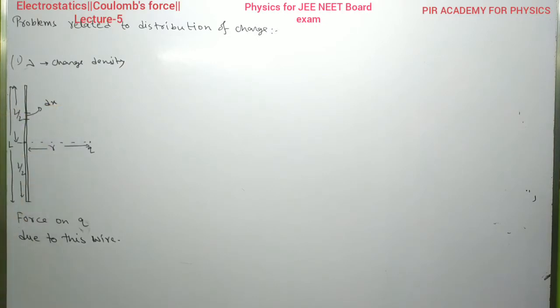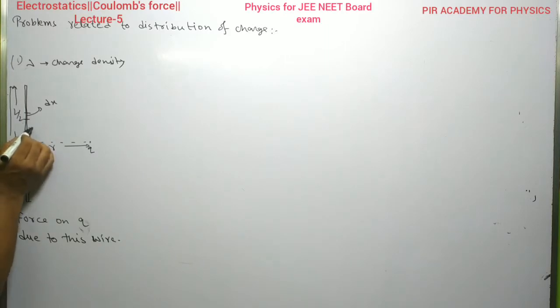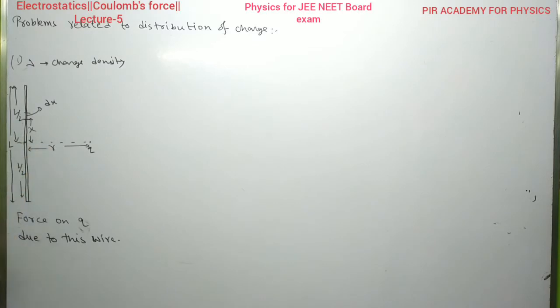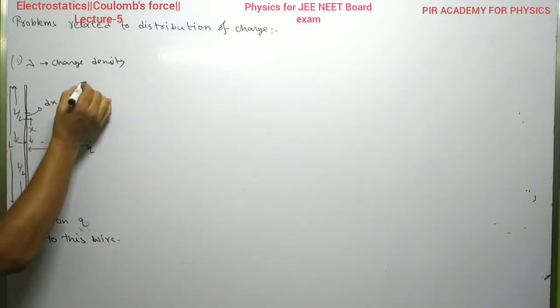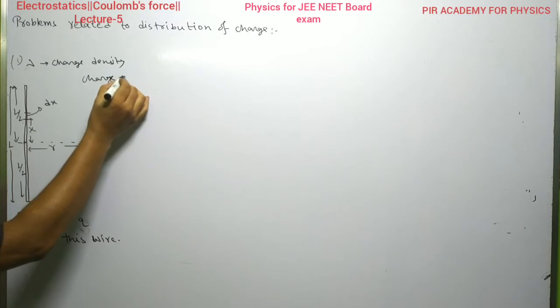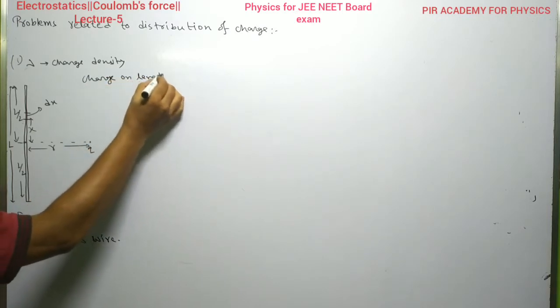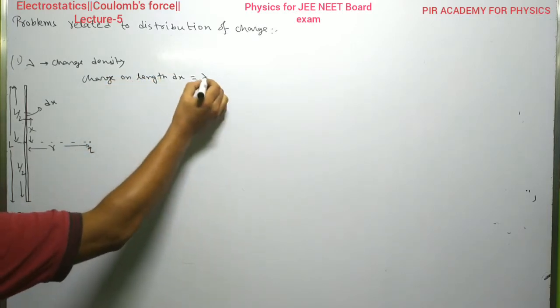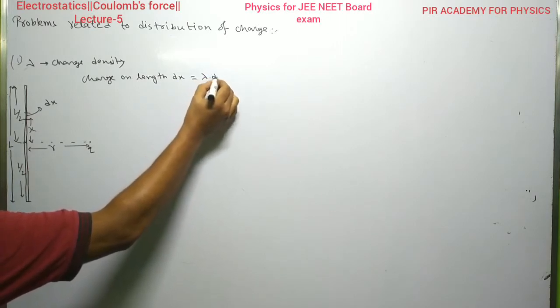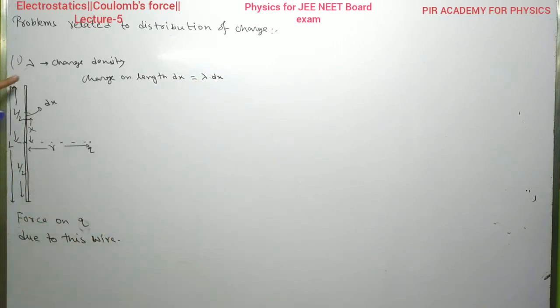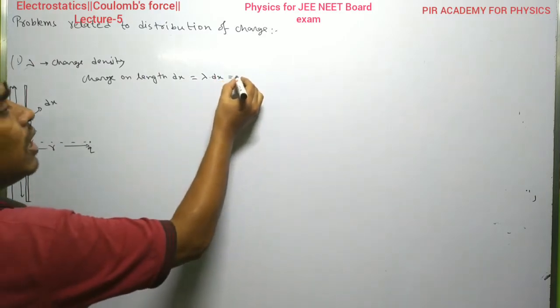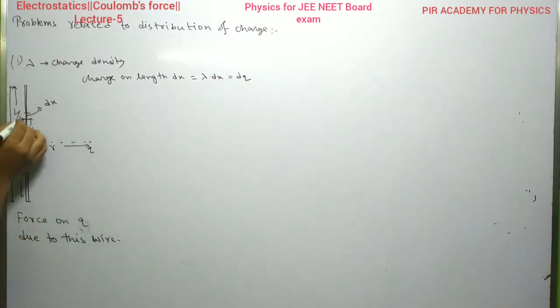Suppose this is dx, taken at distance x from the origin. So the charge on element length dx will be lambda into dx, because charge per unit length is lambda. Suppose this is called dq.